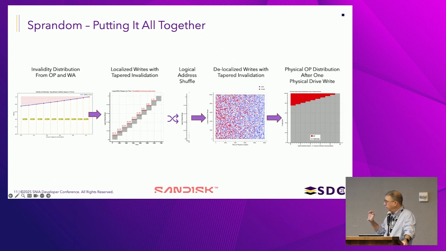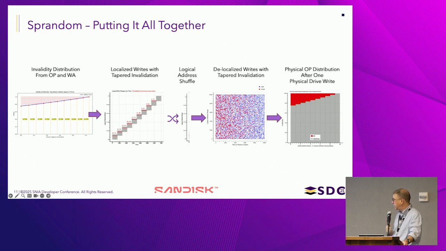So by shuffling the addresses randomly, we can get to this third diagram with the red and the blue, which eliminates that logical locality problem. And we've integrated this into the FIO testing tool, and it's been released.